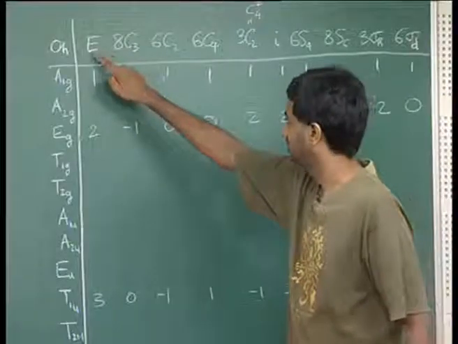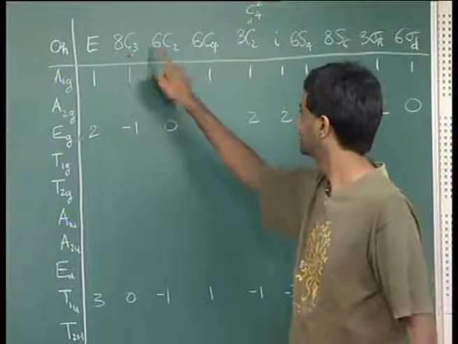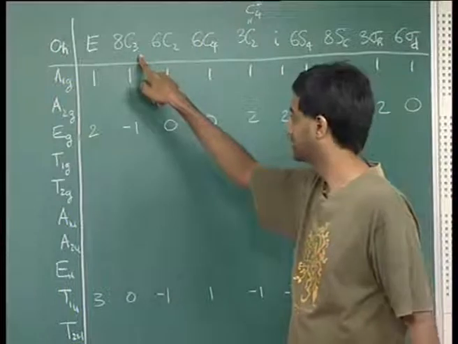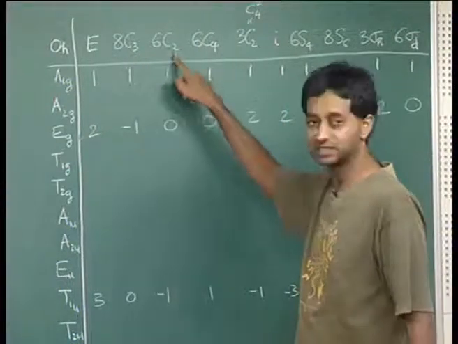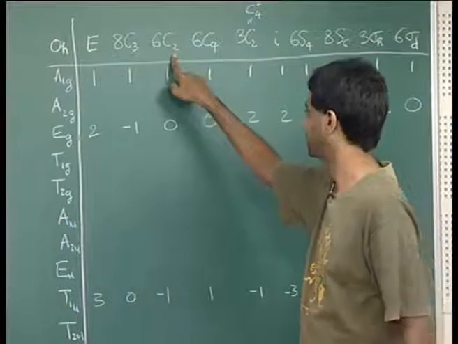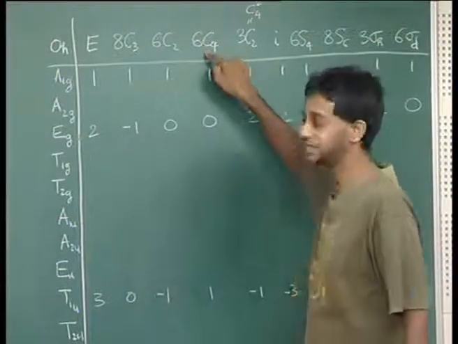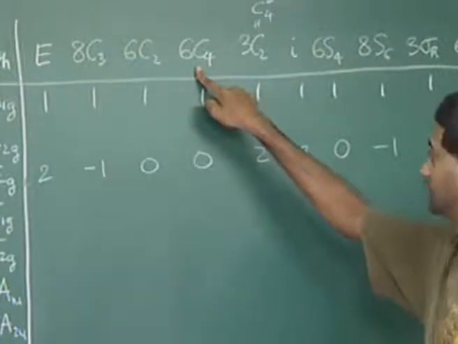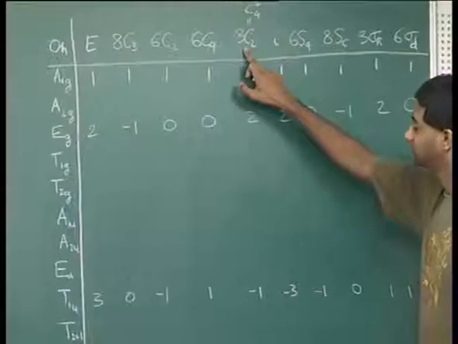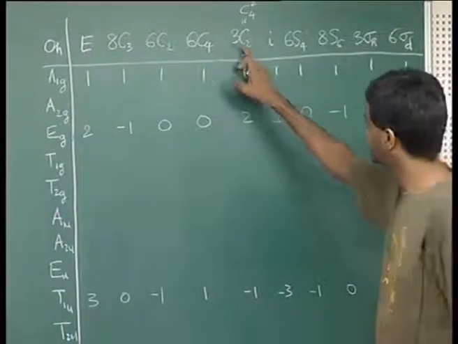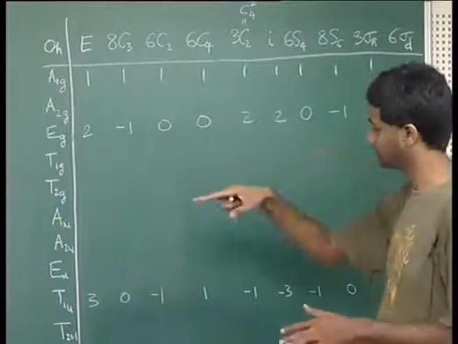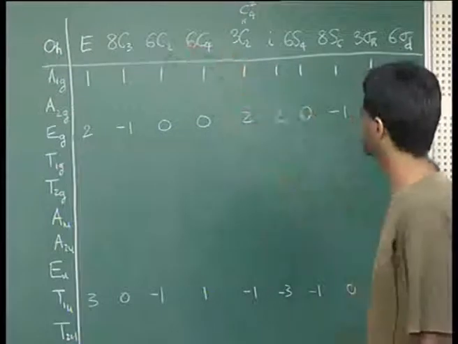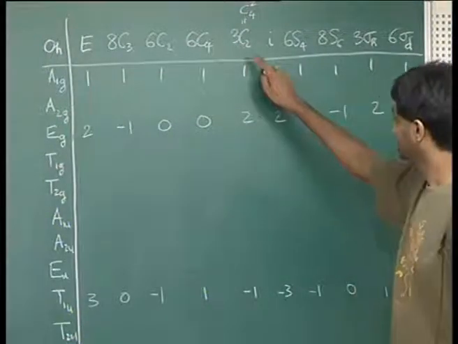The 10 classes are the identity, the 8 C3 operations, which all fall in one class, and the 6 C2 operations that fall in another class. There are 6 C4 operations, C4 and C4 cube, which fall in a class. There are 3 C2s, which are basically C4 square. The C4 axis also acts as a C2 axis, but these two operations fall in different classes. There is an inversion.